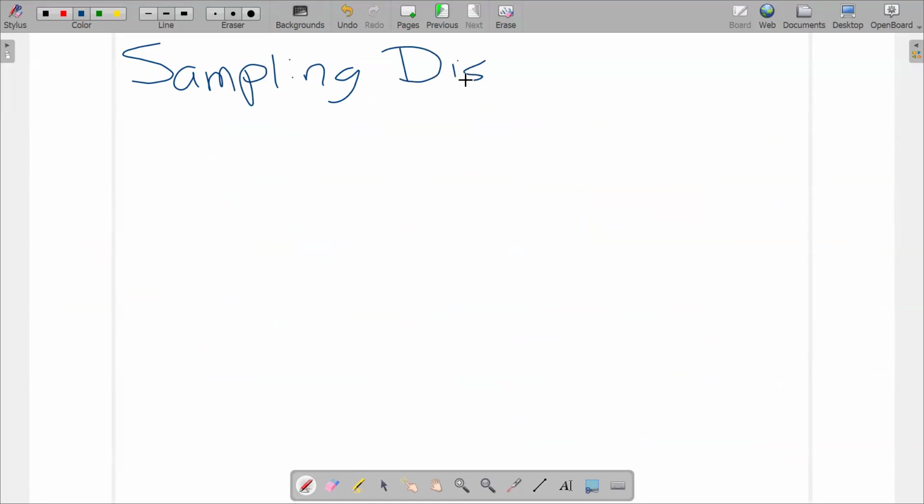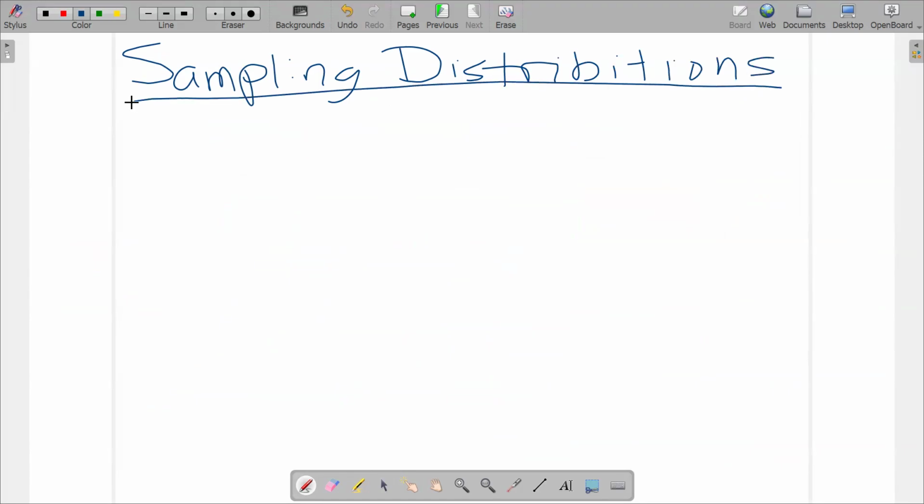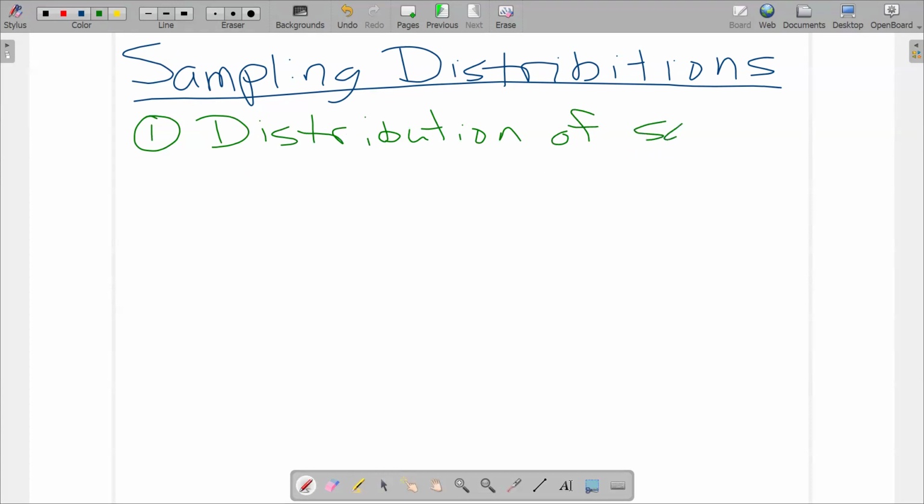Sampling distributions is going to be the main topic for the next 4 weeks, at least in this class. And there are many, many, many kinds of sampling distributions. We're only going to focus on 2 of them. One is a distribution of sample proportions.